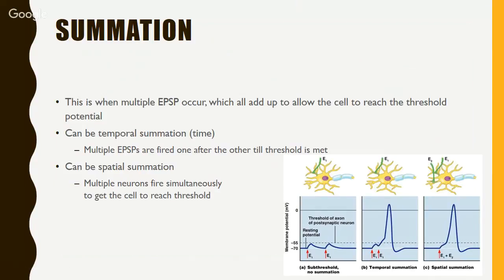Great. So summation, this is something I already kind of touched on, but it's when multiple excitatory potentials occur, and this allows the cell to reach the potential. Now you can have temporal summation, where they're fired one after the other. So temporal, like time, like right after each other in time, or you can have spatial summation, where two different neurons will excite it at different spots, but the overall excitation will be enough to cause an action potential.